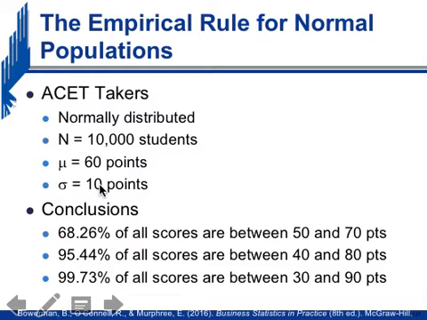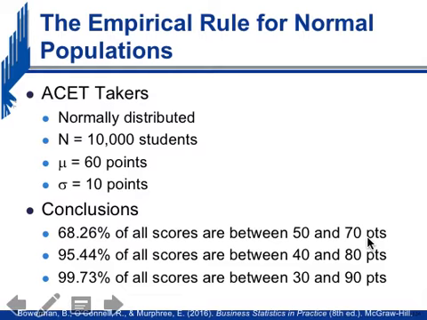Then using the empirical rule, we can make these conclusions. 68.26% of all the scores out of the 10,000 students are between 50 and 70, because 50 and 70 are 1 standard deviation away from the mean. Or you can say that 68.26% of 10,000, or 6,826 students, have scores between 50 and 70.